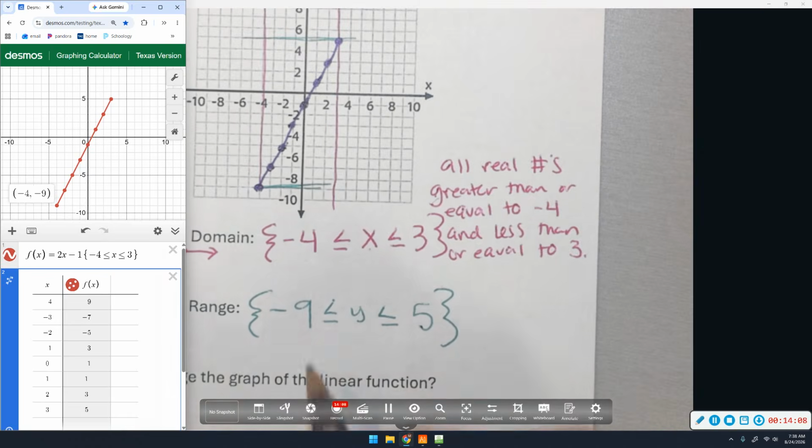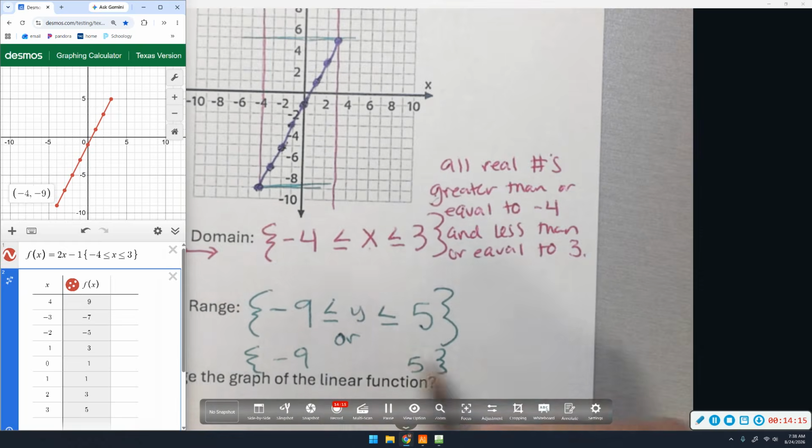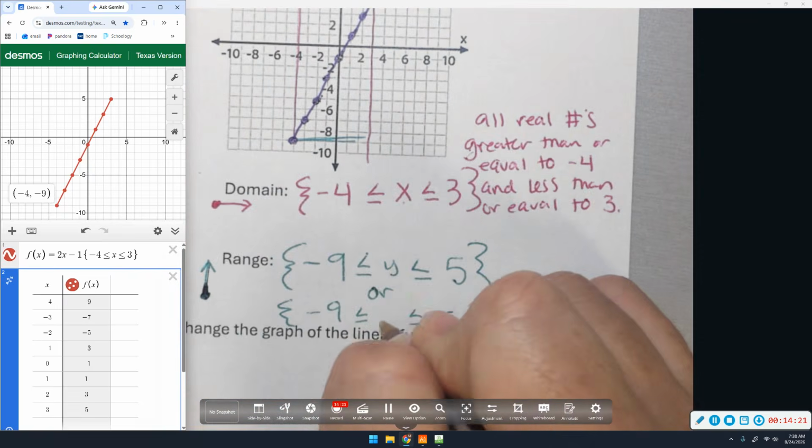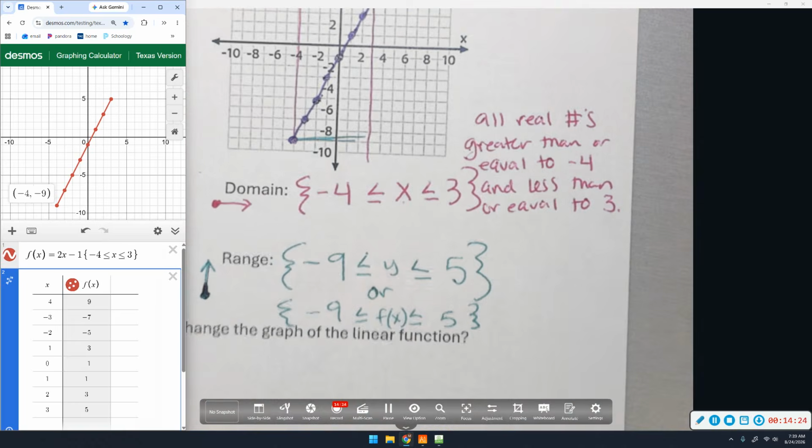Now there is another way you could see the range. The only difference is what's in the middle, where everything else is going to look the same. Because this said f of x for our equation, you could see it to where f of x is in the middle.